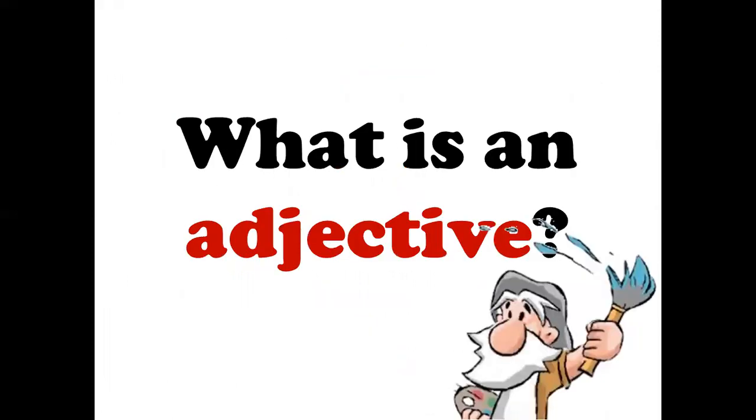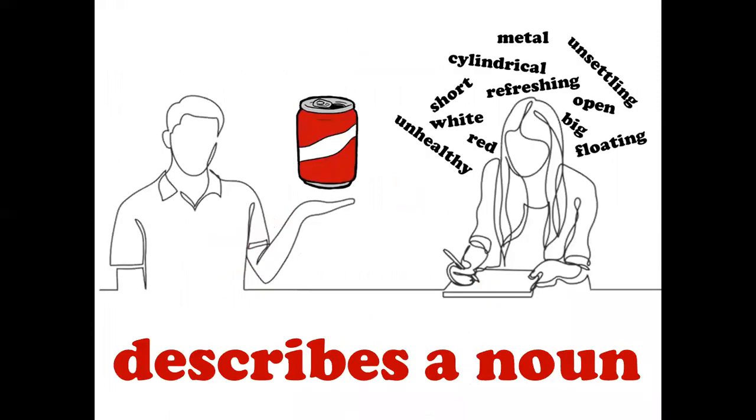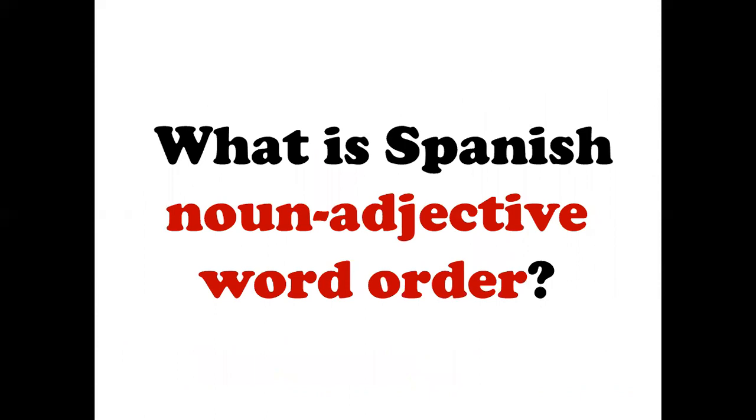What does that mean? What's an adjective? An adjective is defined by its relationship to a noun. It describes a noun, all right? That's its purpose in a sentence. So you'll see the relationship between adjectives and nouns in Spanish is extremely close.